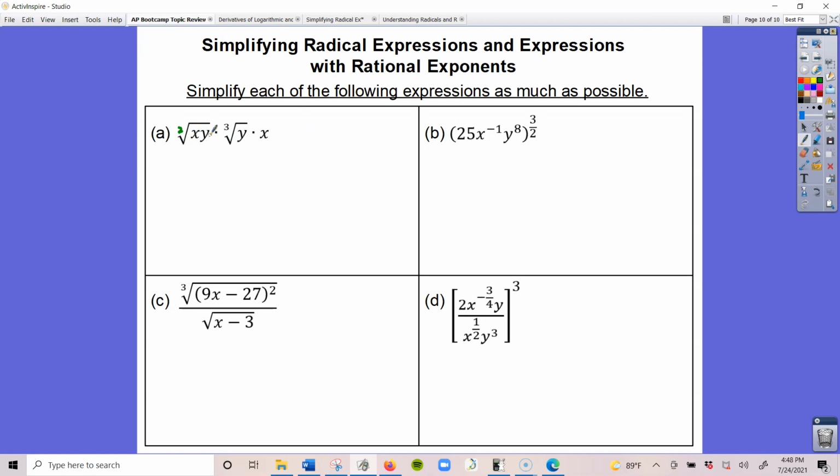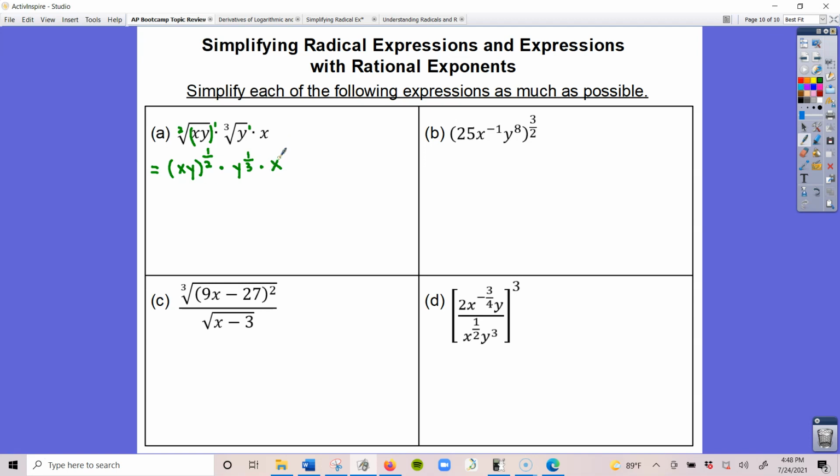This is not raised to any power, so this is translated to xy raised to the 1/2. Remember that if there's no power, it's just 1. Times, here this is the cube root of y, again to the first power, so this is y raised to the 1/3. Times x, which does not need to be simplified.